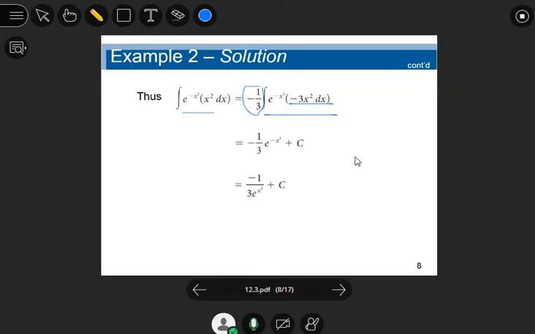So negative 1 over 3 is a constant, no need to worry about it. You already have e to the power u times u prime. Then you can write your final answer as negative 1 over 3 times e to the power u. So your u is negative x to the power 3. So this is the final answer.